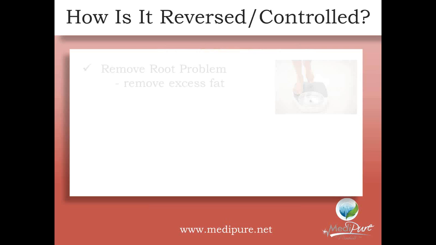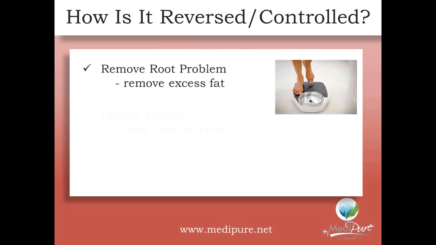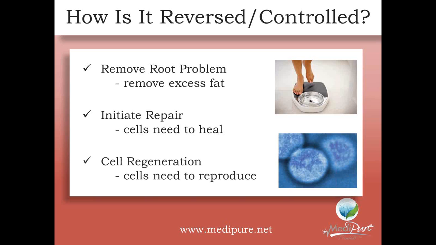Now, as a review, how is it reversed or controlled? You have to remove the root problem, in this case the fat that's there. You also need to make sure that repair takes place. The trauma occurring around the tissue of the pancreas has damaged it, and those cells need to heal themselves. Lastly, there needs to be an environment where cells can reproduce in a healthy way, after the problem, in this case the fat, has been removed.